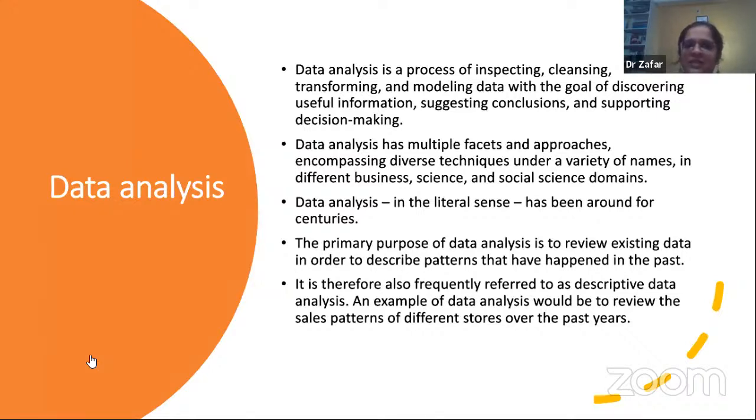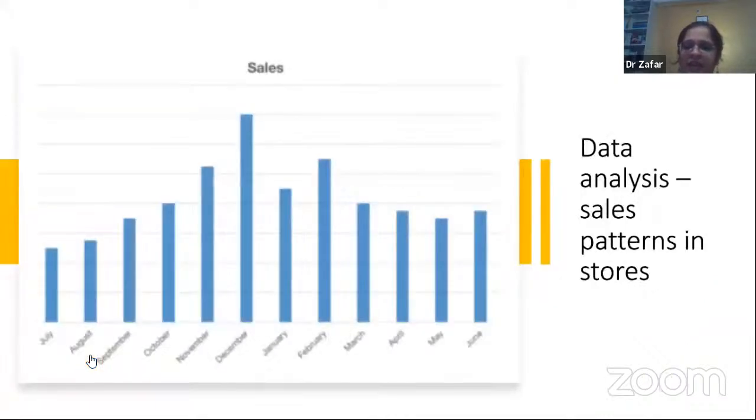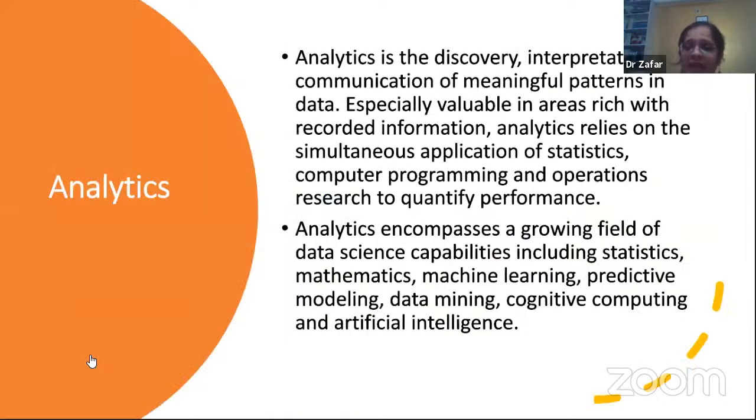Data analysis is like the concept of cleansing the data. Now we have analyzed data using some patterns, and we are getting information about sales. This is simple analysis. Now, what is analytics?